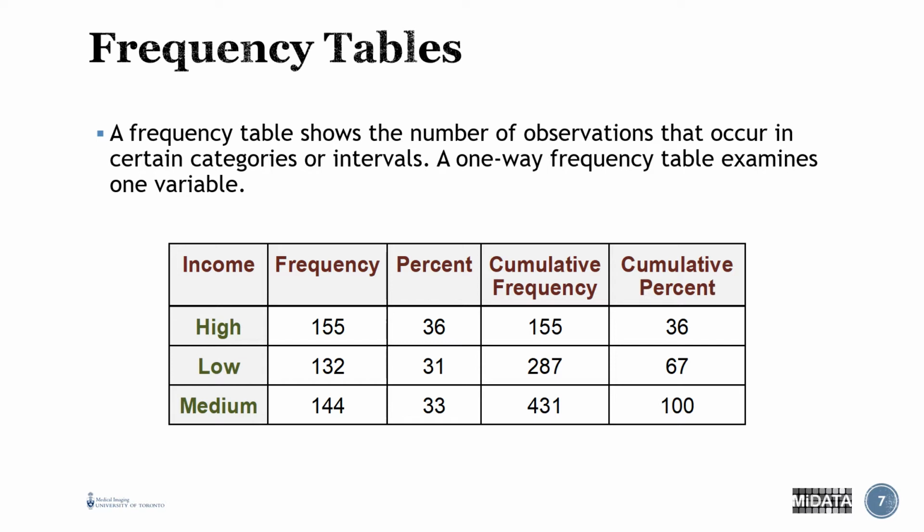If you see here in this table, we have our categorical variable, which is income, and it's made up of 3 levels: high, low, and medium. And these here are your, if you wish, attributes or descriptors. So you have frequency, percentage, cumulative frequency, and cumulative percentage.